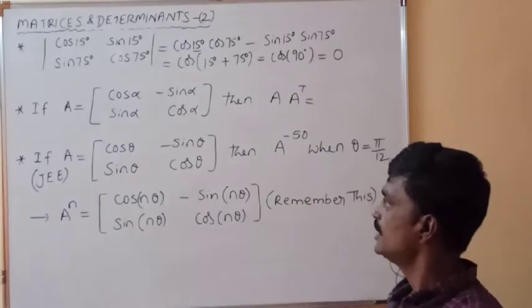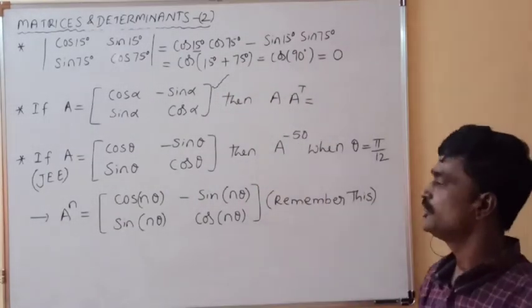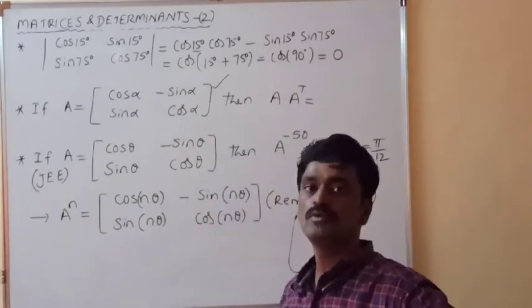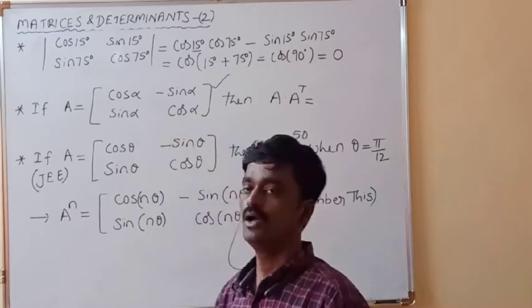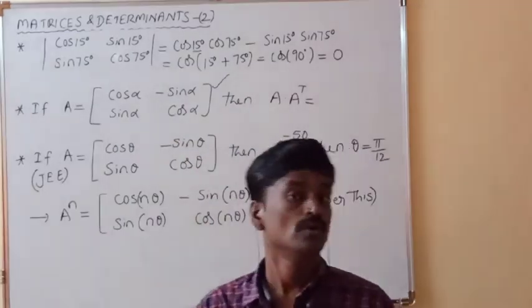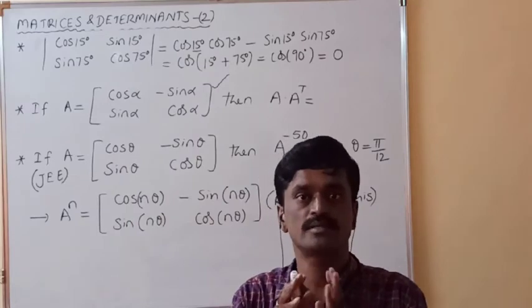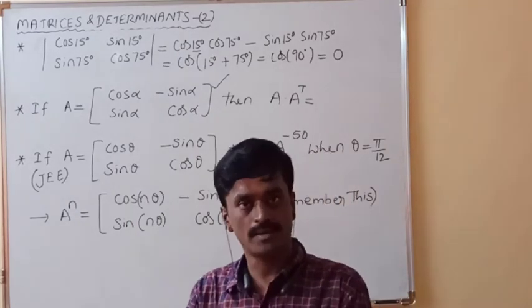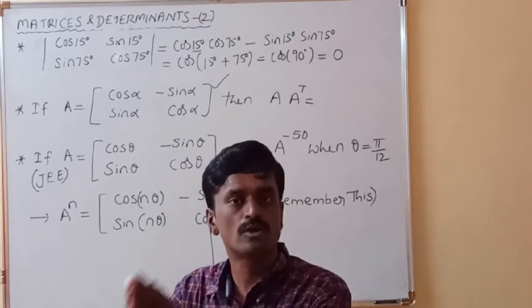Okay. Now next look at this matrix. Then what is A into A transpose? It is an example of an orthogonal matrix. So what is the definition of an orthogonal matrix? A square matrix is said to be an orthogonal matrix if A into A transpose and A transpose into A are equal to what?